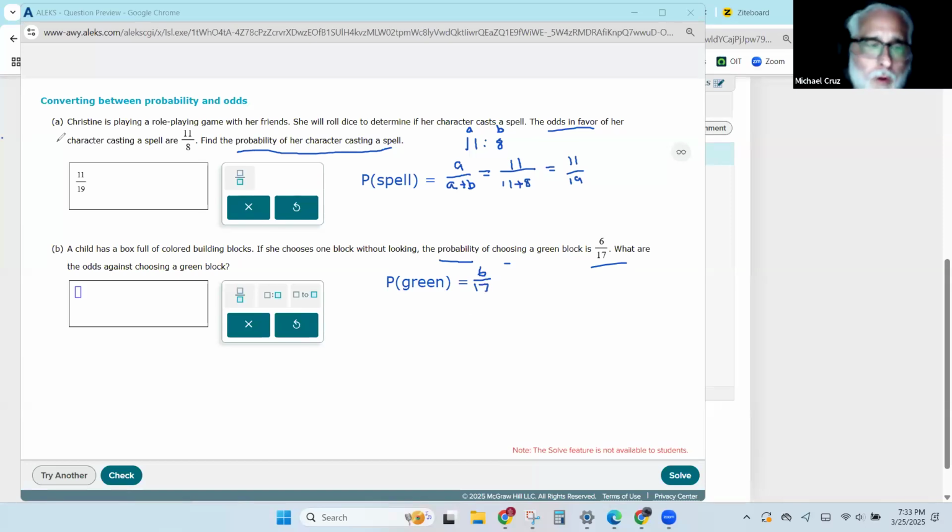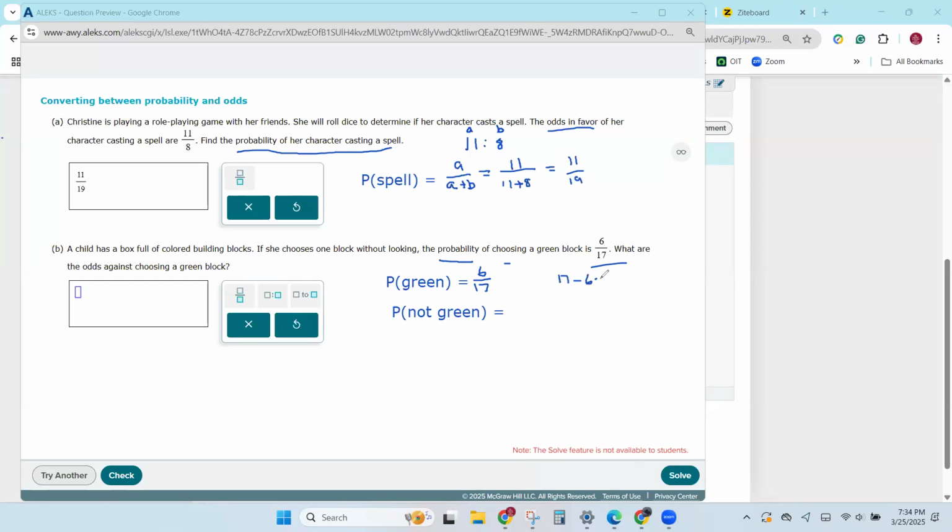So now for these, when we go into the odds, we got to have the probability of not getting green. All right, so what's the probability of not green? 6 from 17. $11.